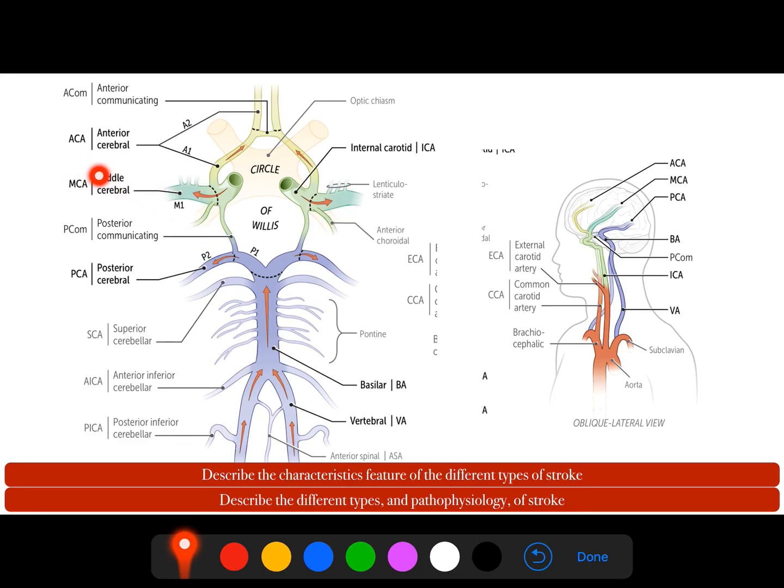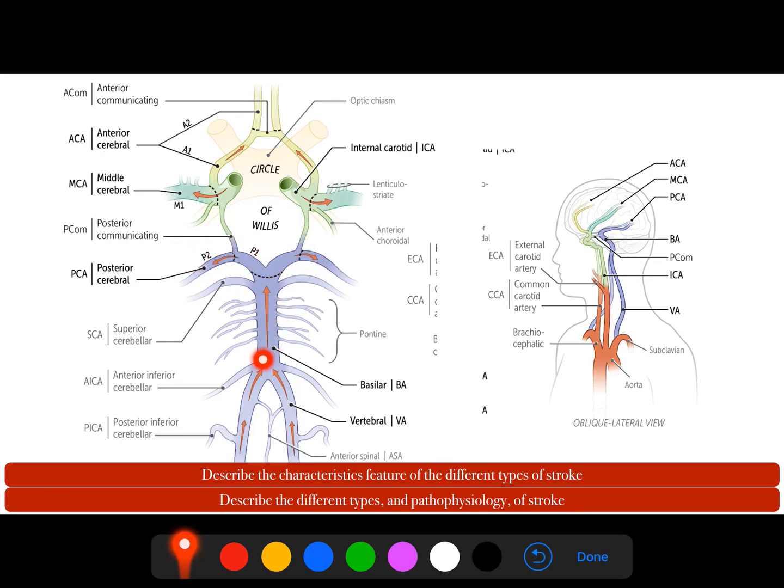M1, the first part of the middle cerebral artery, gives off penetrating branches called the lenticulostriate branches, the penetrating branches of the middle cerebral. A1 and A2, the anterior cerebrals, are joined by the anterior communicating. We have posterior communicatings that connect the internal carotid to PCA.